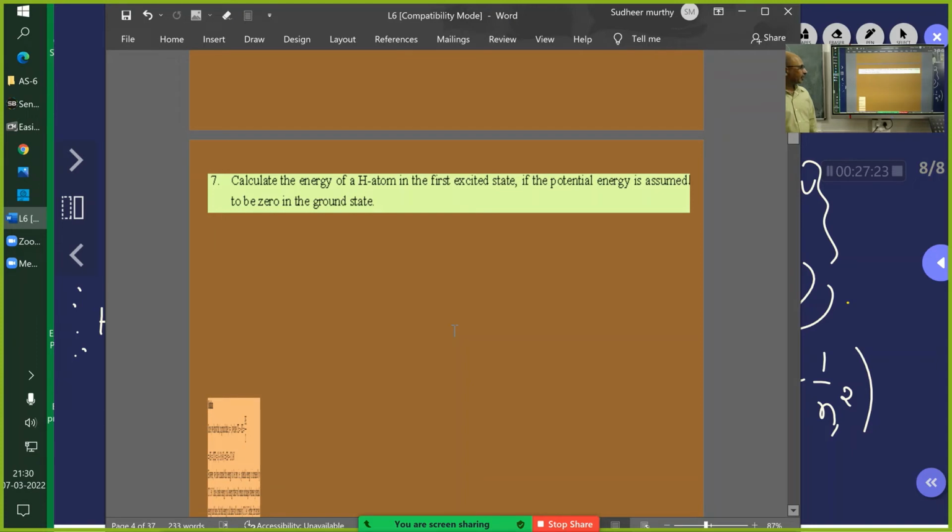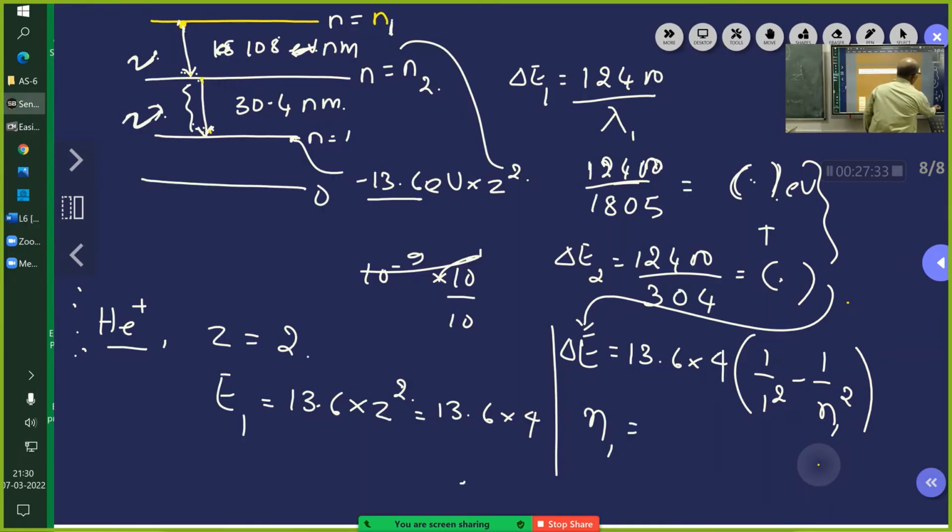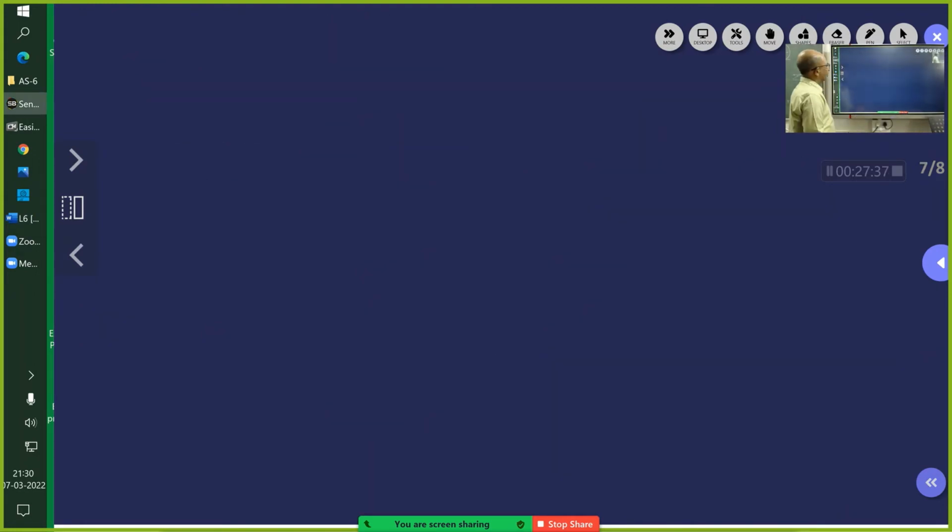Calculate the energy of the hydrogen atom in its first excited state if the potential energy is assumed to be 0 in the ground state. So here you see, this is 0, this is the first state, n is equal to 1.